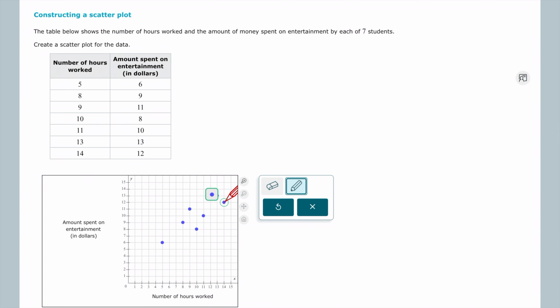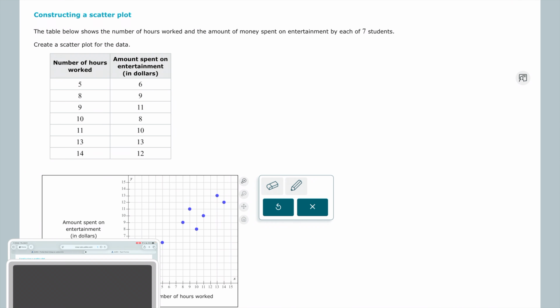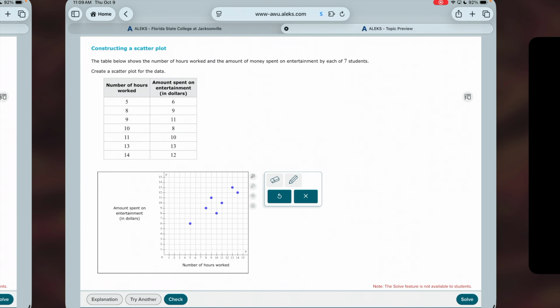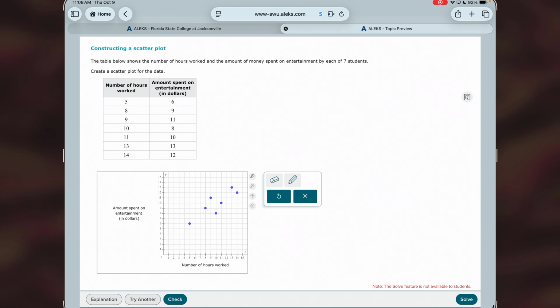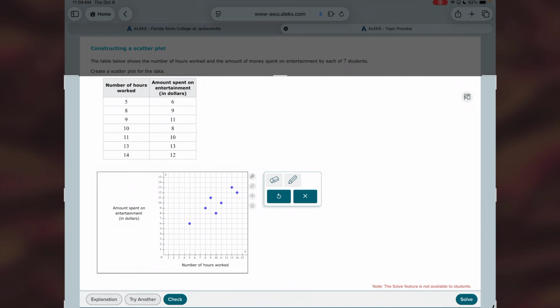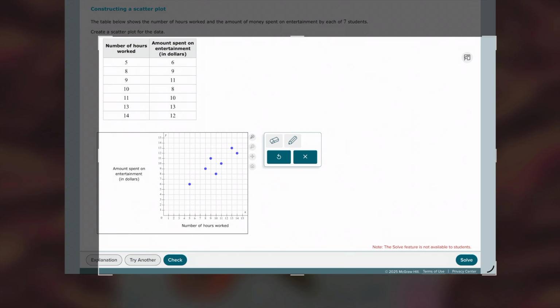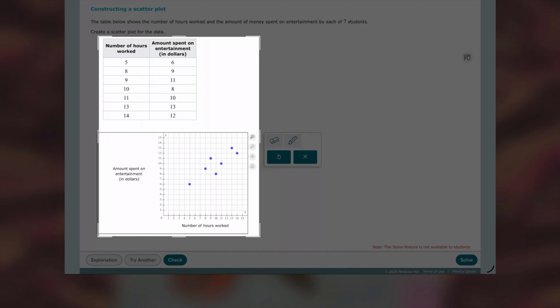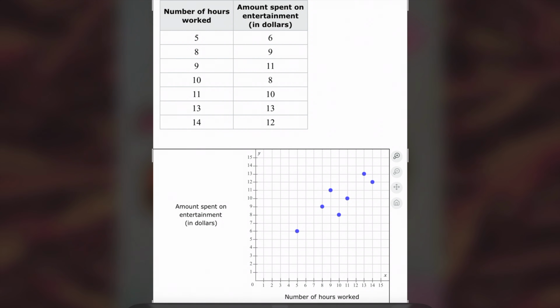All right, so what we're going to look at is these graphs and the shape of them and which way they go. Oh my goodness, I did it twice. We're going to see how well these variables correlate.